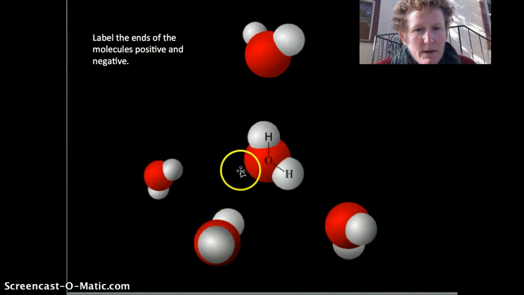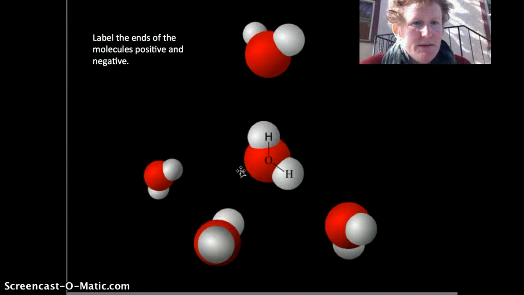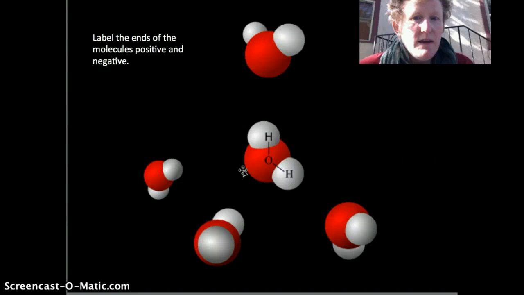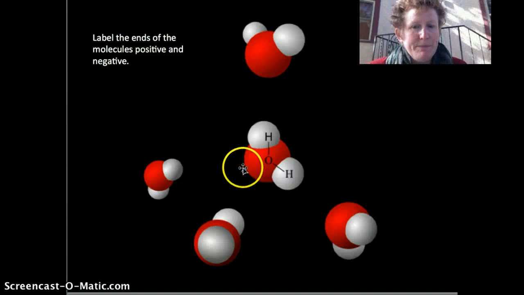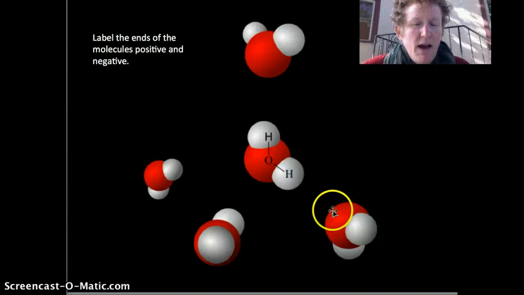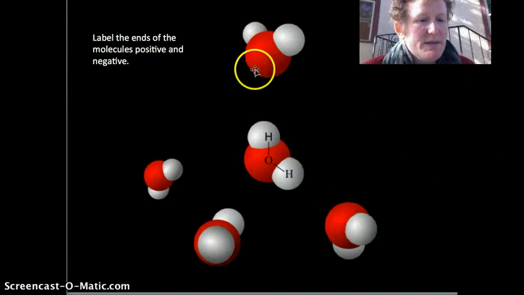So right here, if we had to label the ends of the molecules positive and negative, I bet that you would label the oxygen end of things negative because in the covalent bond within the water molecule, the electrons spend more time on the oxygen end. So the oxygen end of the molecule becomes negative.